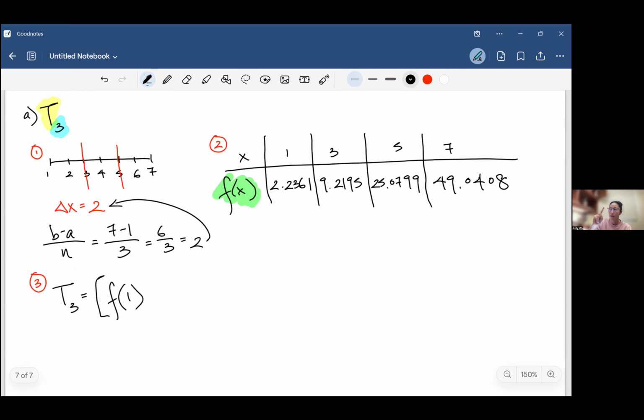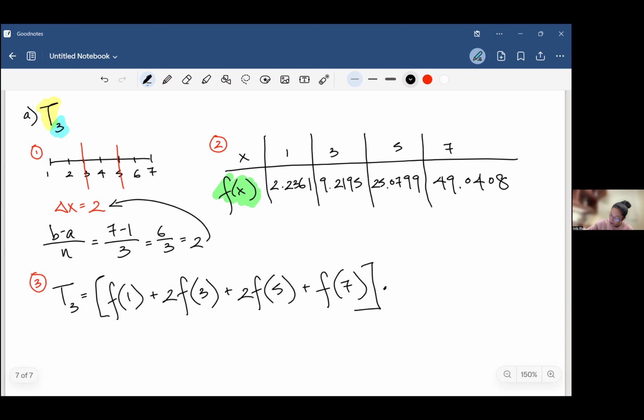So 1 copy of the first one plus 2 copies of the second y value plus 2 copies of the third y value plus 1 copy of the last y value, times our delta x, which is 2, and then divided by 2. Okay, so remember, for trapezoid, we divide by 2. For Simpson's, we're going to divide by a different number.